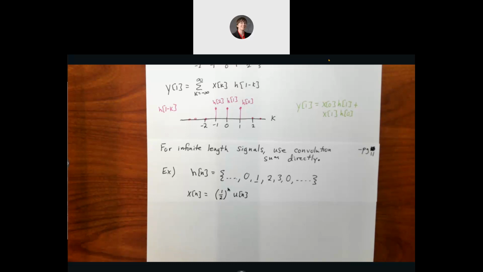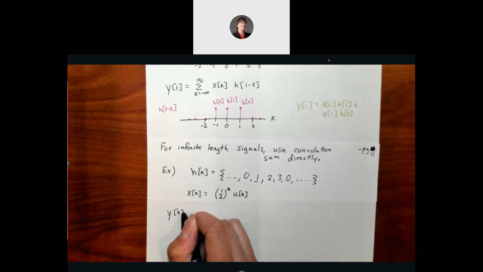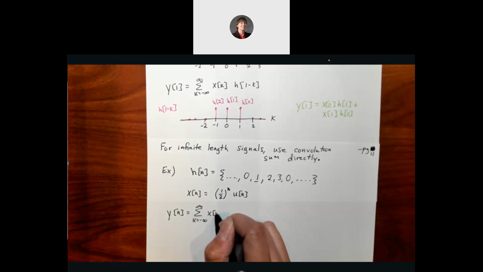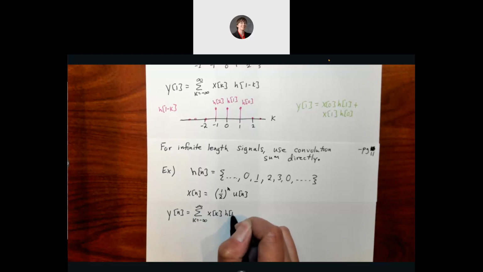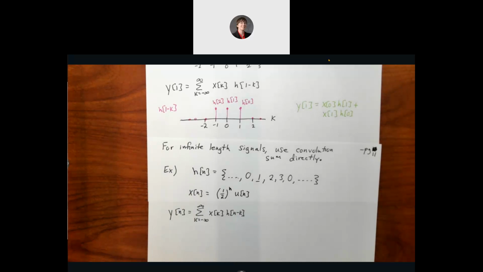Right, so our u of n we know is equal to 1 for n greater than or equal to 0. So now we have this infinite length x of n. So if I plug this in, y of n is equal to my convolution sum. It's going to be x of k h of n minus k.